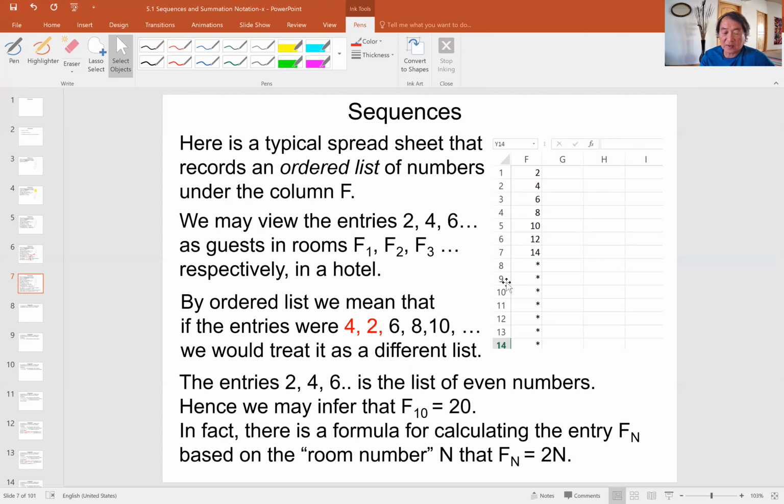So, for instance, for even numbers, the 10th entry is the number 20. In the nth entry, so n will be somewhere down here, what's the number in there? Well, it's going to be twice n, according to this pattern.